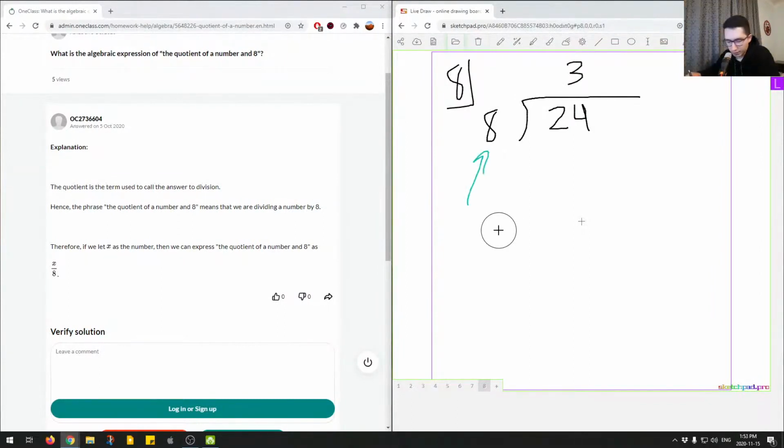So this over here is the divisor. This is the quotient. And this is the dividend.